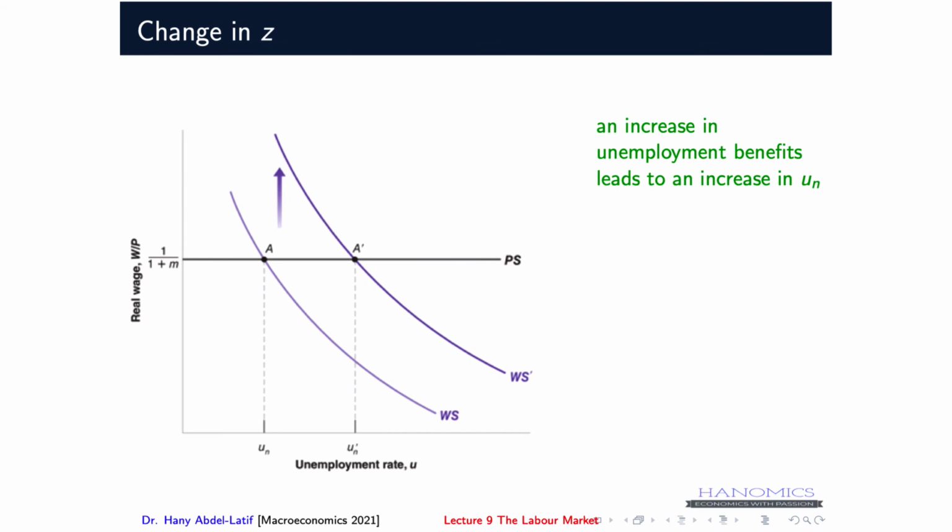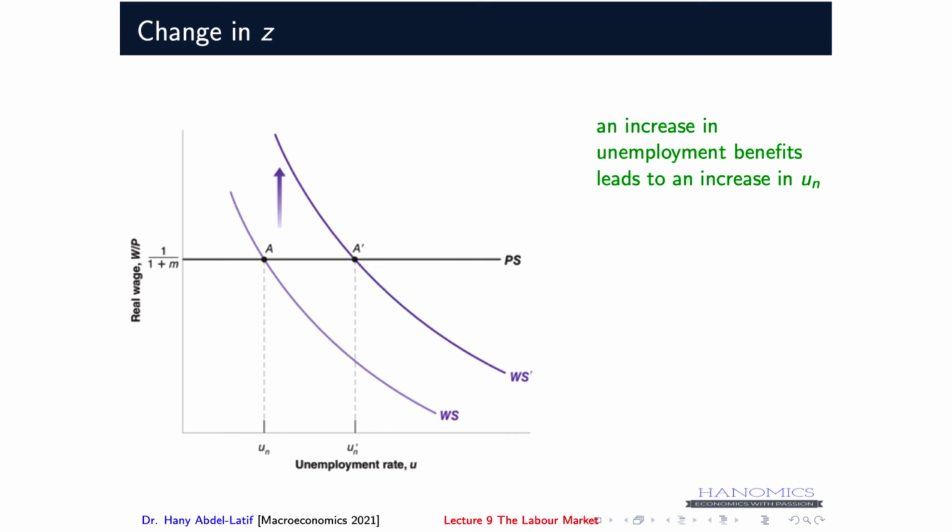And what does that mean? It means if you want to go back to the same level of UN, the natural rate of unemployment, you need to push this up really high until it intersects with this curve at somewhere that corresponds to this level.